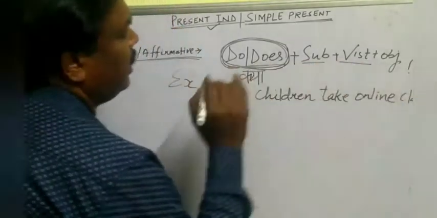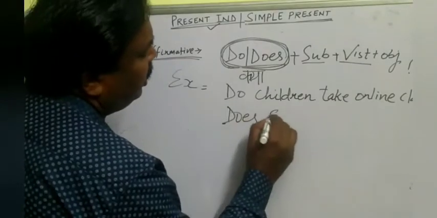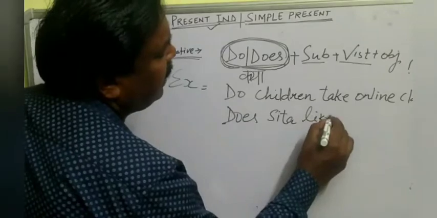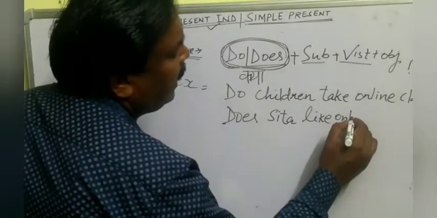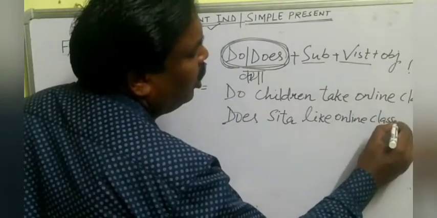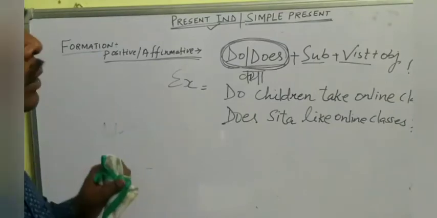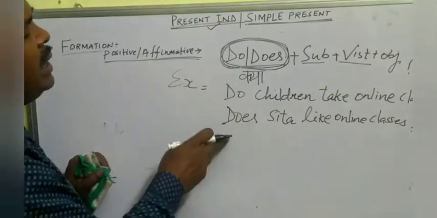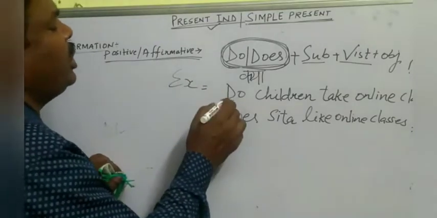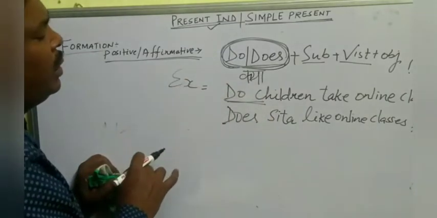Does Sita like online classes? Does Sita like online classes? Okay. So these are the sentences that start with the helping verb and it is called yes or no question.